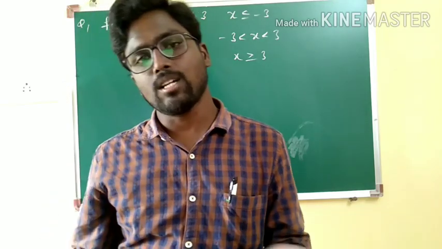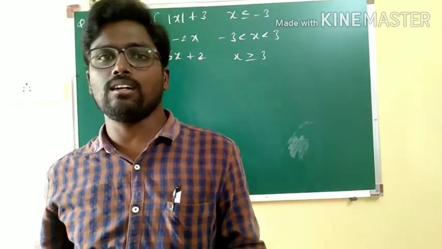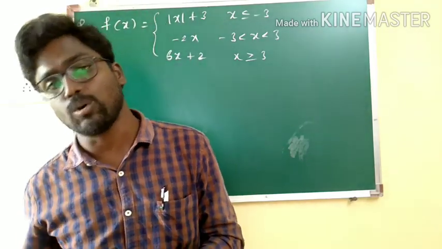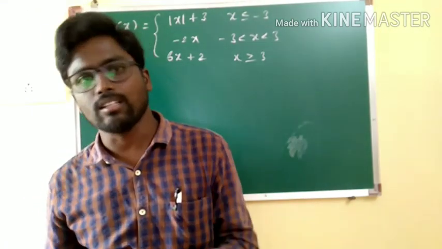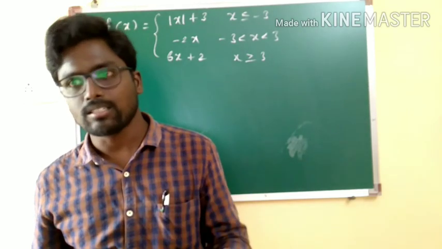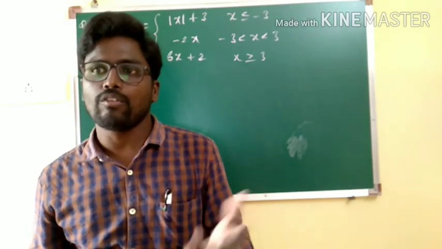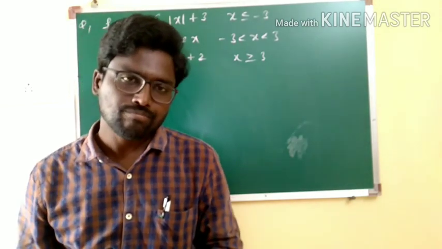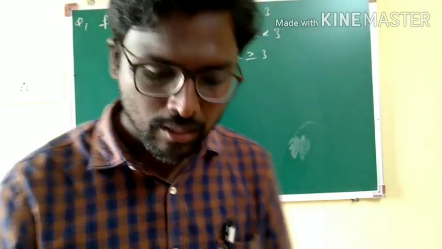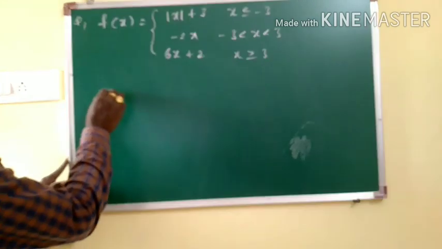Similarly, at x equal to minus 3, if LHL equals RHL but not equal to the function value, or LHL is not equal to RHL, then the function is going to be discontinuous there also. Now, if we want to talk about the continuity at x equal to minus 3, what shall we do? We will take minus 3 minus.